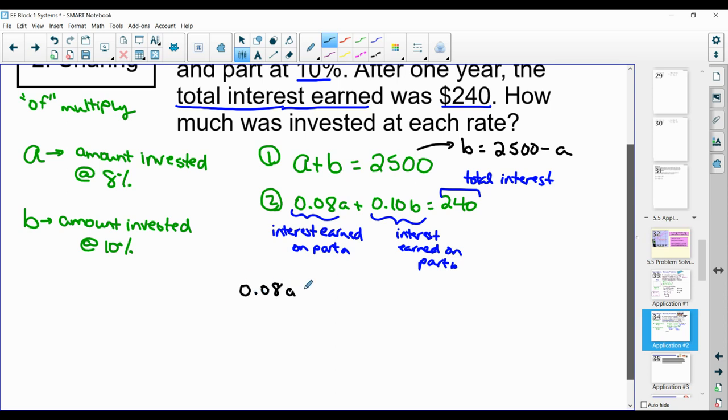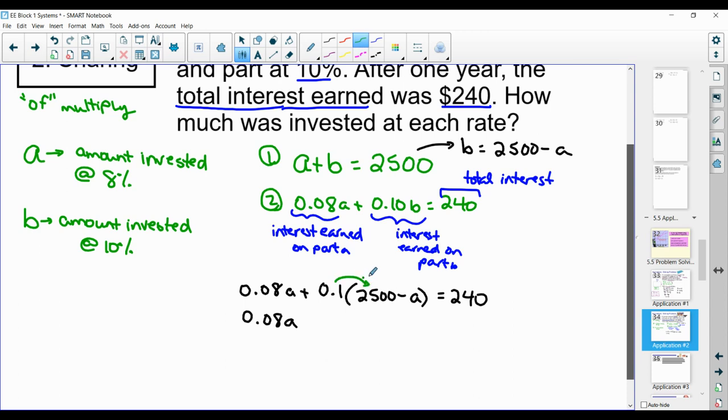0.08A plus 0.1, and instead of B, I'm going to write 2,500 minus A equals 240. Simplifying, I've got 0.08A. I'm going to have to multiply this part out.